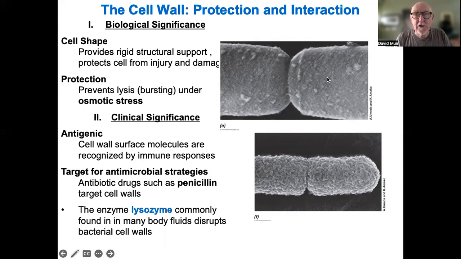It's rigid, it's very, very strong, and it has no selective permeability. It's rather like a mesh, like a net. So molecules can pass freely through it without impediment.